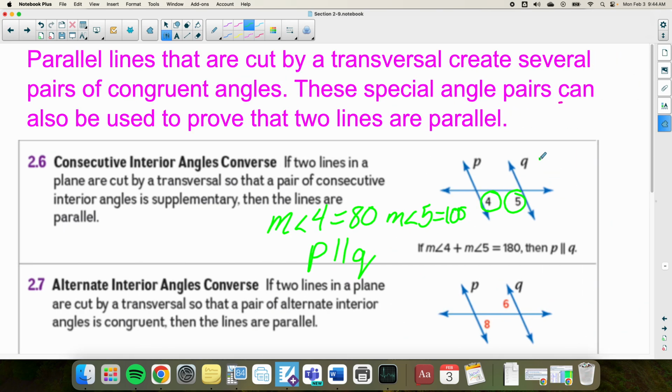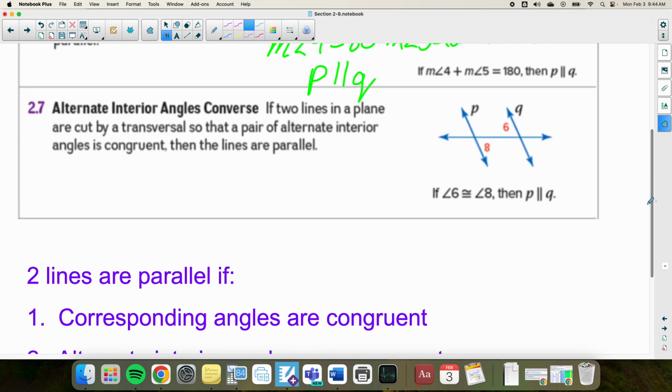So then if we go here, our last type that we need to talk about is alternate interior. Alternate again means opposite sides of the transversal. Interior means inside of these two lines. So if the alternate interior angles are equal or congruent, that is enough to say our lines are parallel.